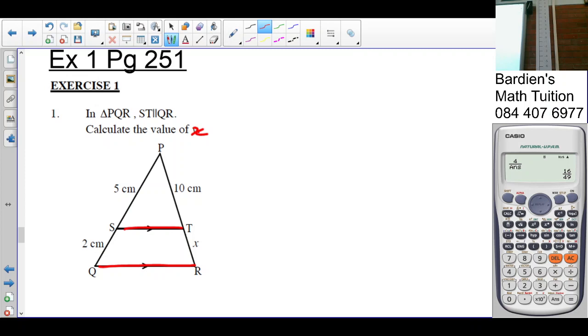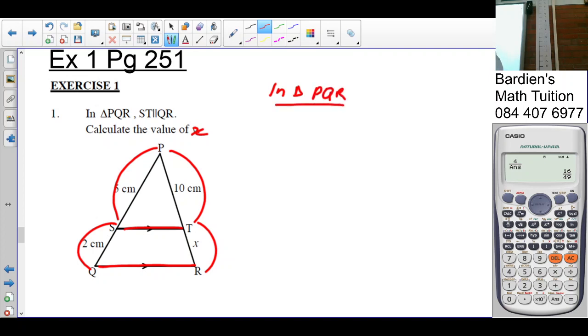If those lines are parallel, what do we know? We know that PS over SQ is equal to PT over TR. So let's write that down. In triangle PQR, we don't have to, because we're only working one ratio here, but start making that a habit, you don't get extra marks for that.